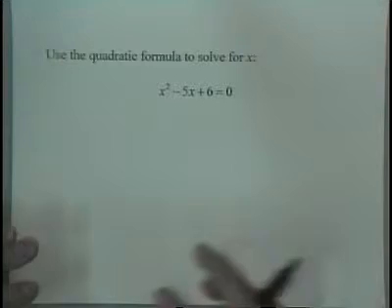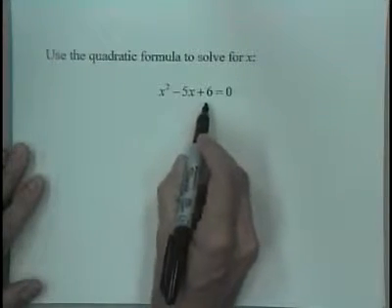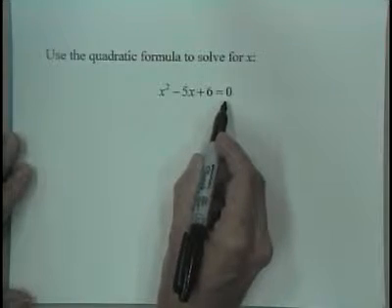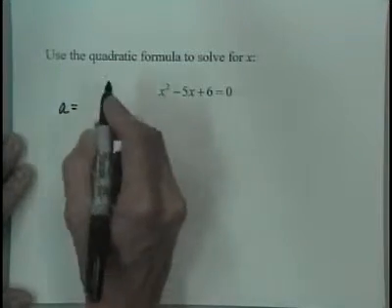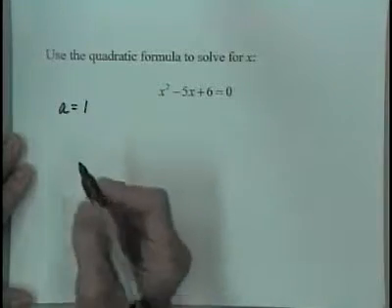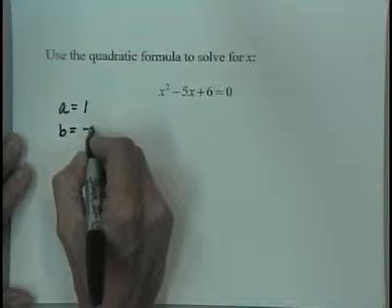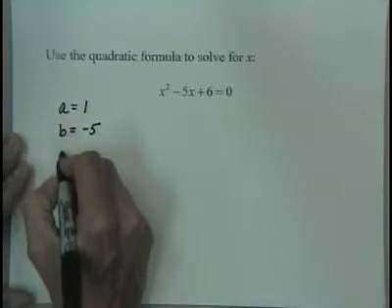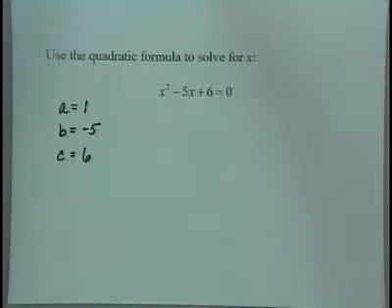We want to start by using the quadratic formula to solve for x in the equation x squared minus 5x plus 6 equals 0. A in the formula is the coefficient of x squared, which is 1. B is the coefficient of x, which is negative 5. And c is the constant, which is 6.